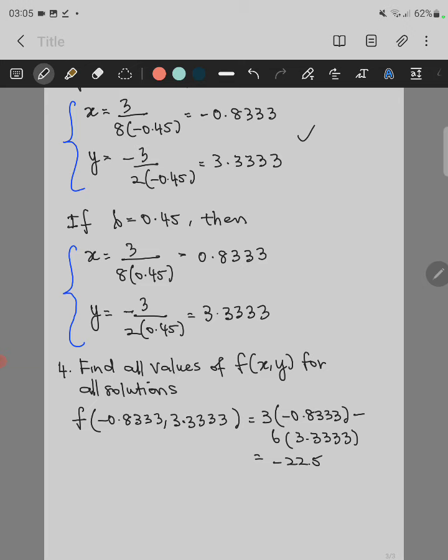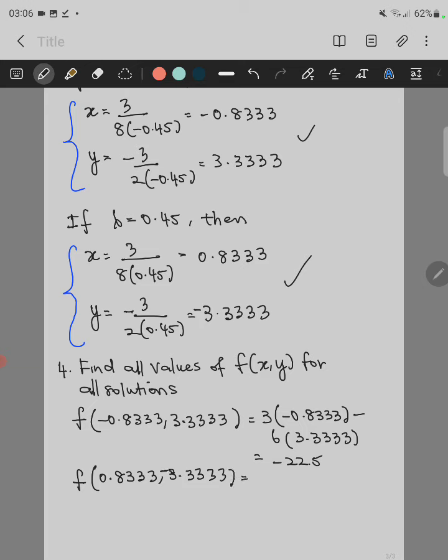And then this one. We need to find the value of our function at this point, which is 0.8333 and minus 3.3333. Sorry, this one has a minus.